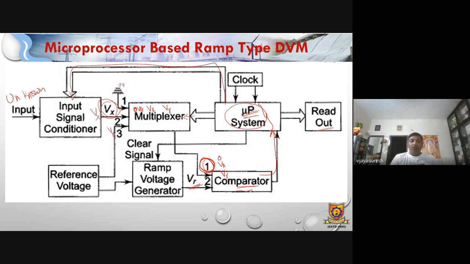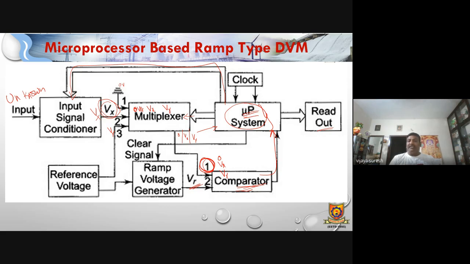So the output of this multiplexer will be either 0 or Vx or Vr. That will be decided by this microprocessor system based on the comparator.